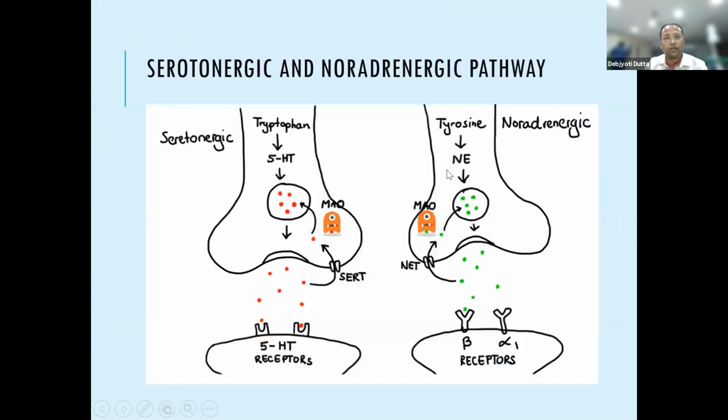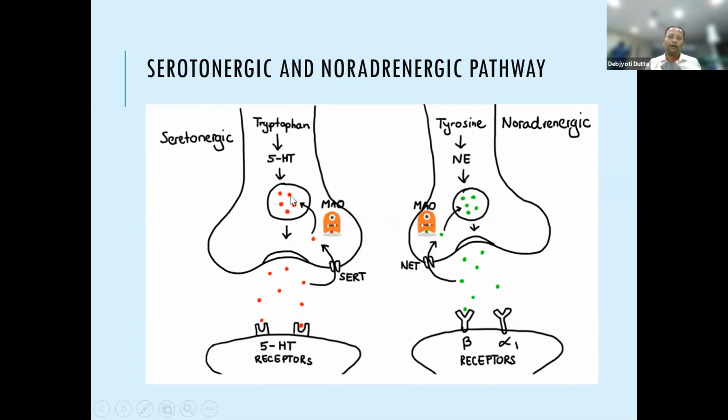So the serotonergic and noradrenergic pathway. These are very important for modulation. You have to understand tryptophan. From tryptophan, 5-HT, this serotonin, is formed. From tyrosine, noradrenaline is formed.